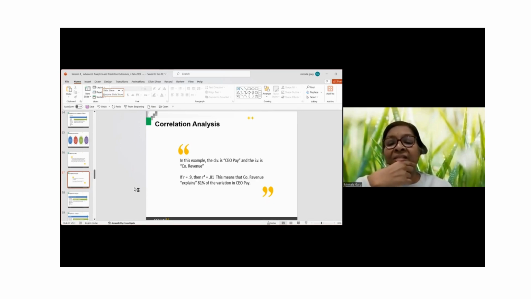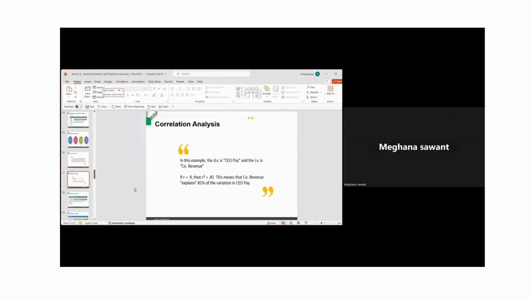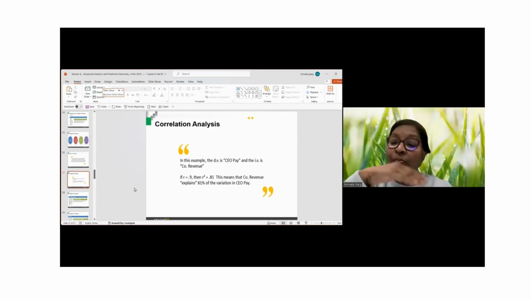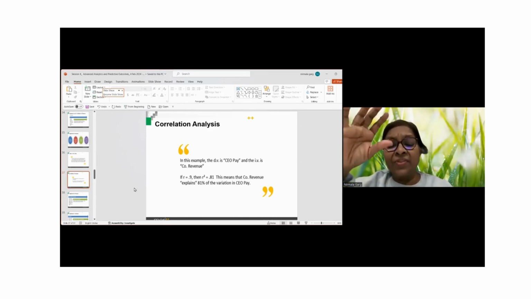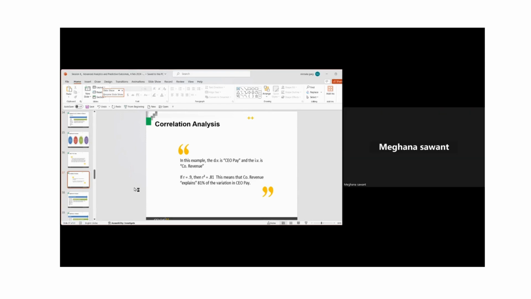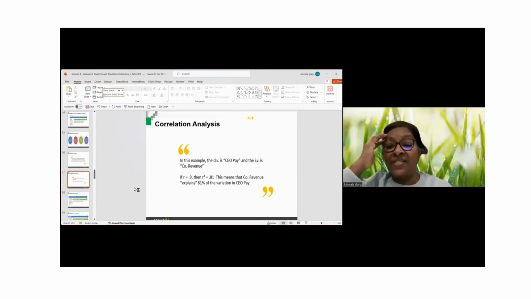Here I'm taking the CEO pay as Y and the revenue as X. I want to check if the revenue is high, will the CEO pay go up? I'm just giving you an example. Say, with the data, my correlation coefficient R is 0.9 and my R square is 0.81. That means 81%. That means the CEO pay is dependent on the revenue 81%.